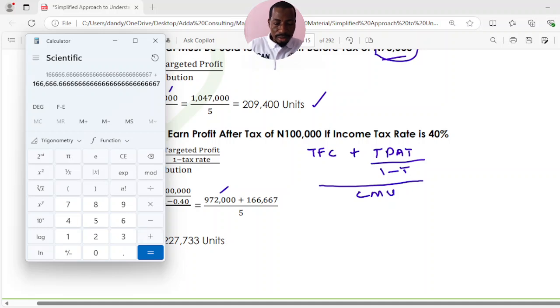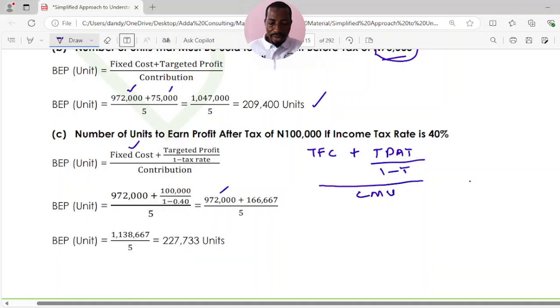Then plus 972,000 fixed cost, equals. Then divide by the contribution margin per unit of 5. That is equal to 227,733. That is how we arrive at this number. Okay, that is how to calculate the break-even point in units to earn a targeted profit of 100,000 naira.